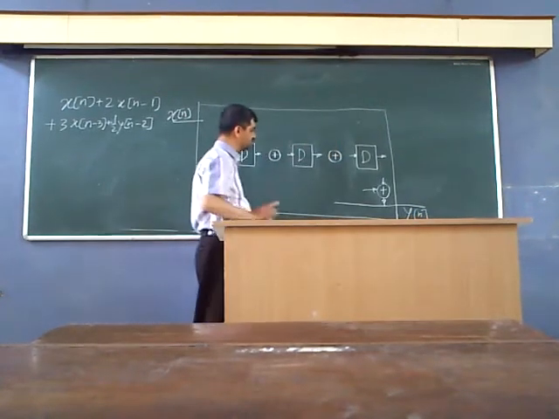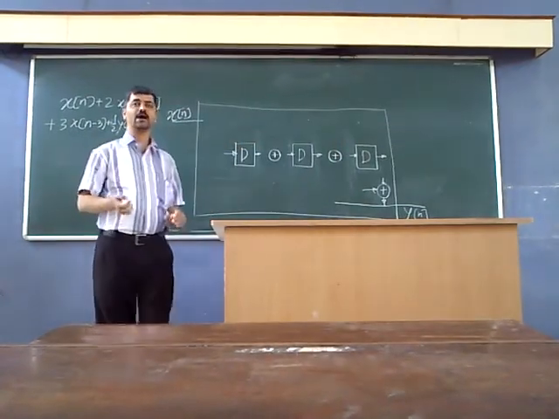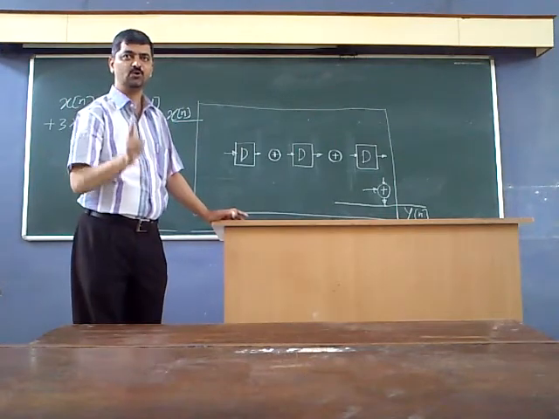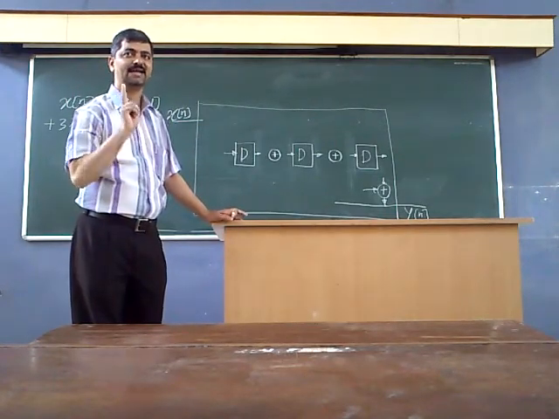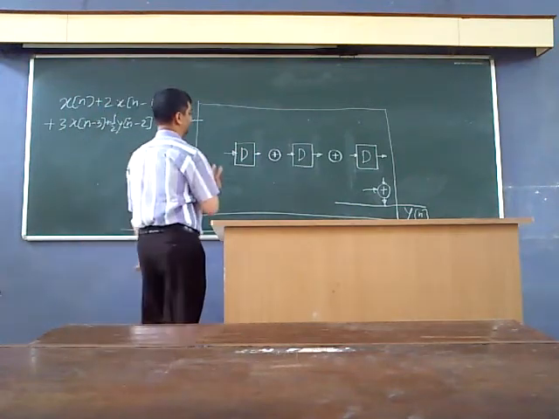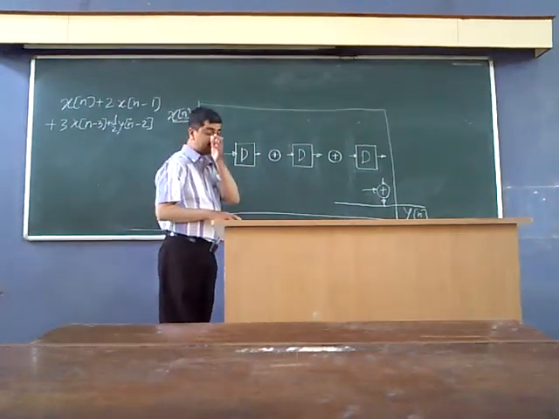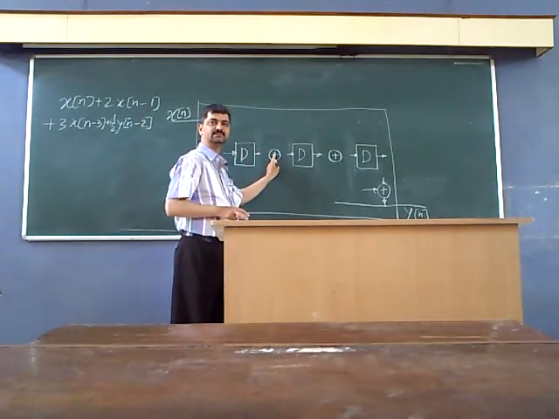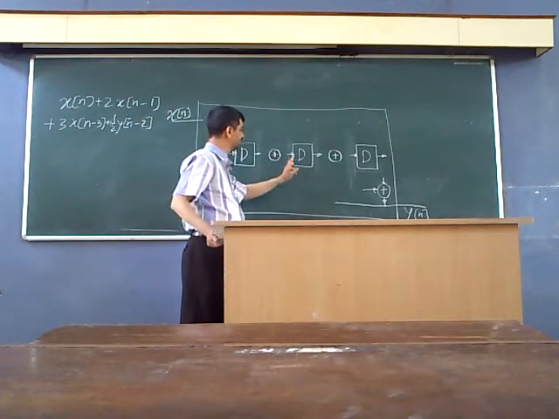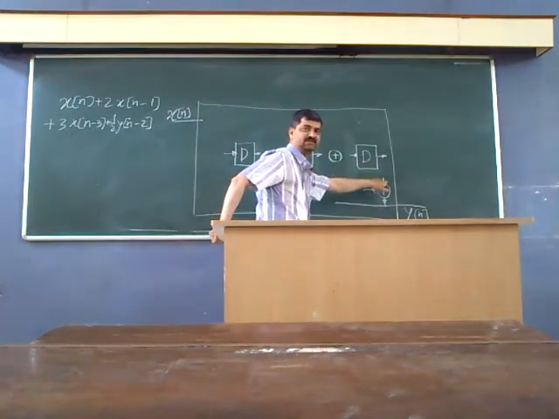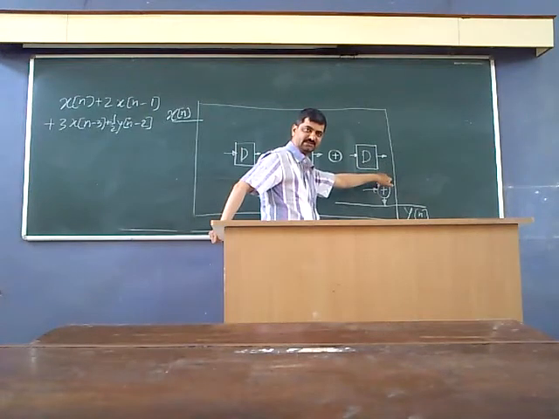Then it must go through two delay elements at least. So it must be connected to this, because somehow this is to come in this reflection.